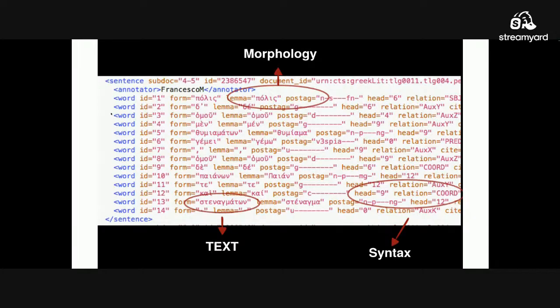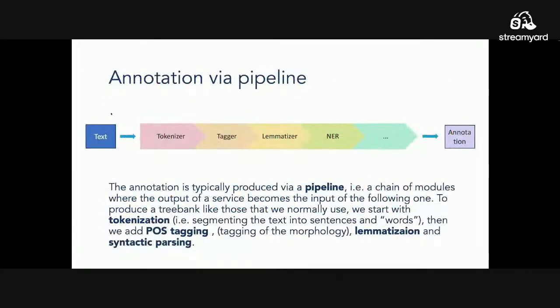You see that polis is dependent on the word with head 6, which means that it depends on the word with ID 6, the main verb, which in its turn depends on head 0, meaning the whole sentence. It's the root of the sentence. And SBJ means the subject, and so on. So this is a formalism to describe the syntactic relations.